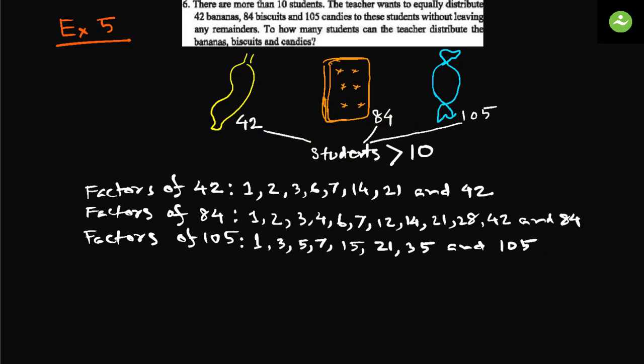Okay, now let us select the common factor. 1 is a common factor. 3 is the next common factor. 7 is another common factor. 21 is the next common factor. And then no more. There is no other common factor.